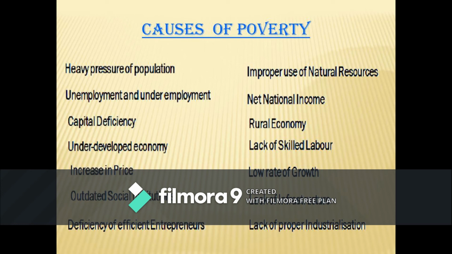Now next comes deficiency of efficient enterprises, improper use of national resources, net national income, rural economy, lack of skilled labor, which we already saw, that human resource becomes a resource when the skill level is high, but here in poverty we can see that lack of skill is there for the labor. Now next is low rate of growth, lack of infrastructure and lack of proper industrialization.